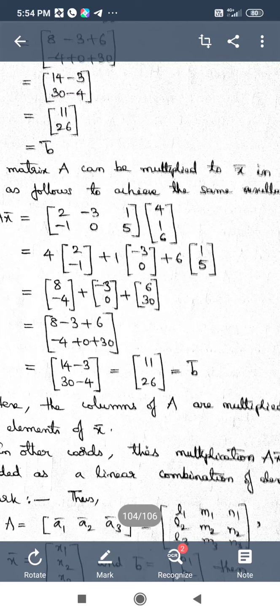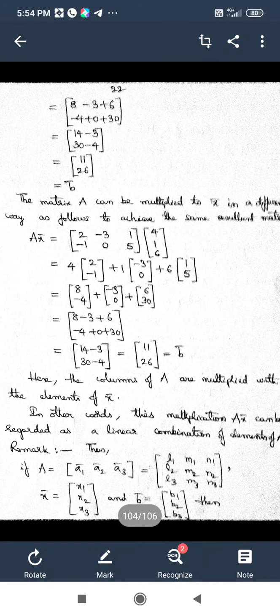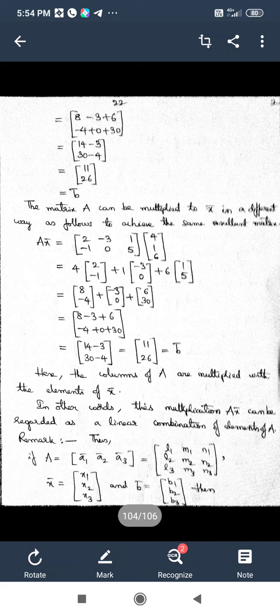So that is how the matrix multiplication A x bar can be regarded as a linear combination of the columns of A, with the scalar multiples being the entries of x bar.